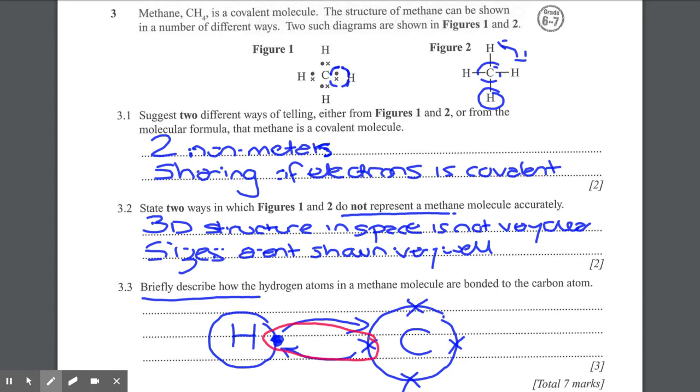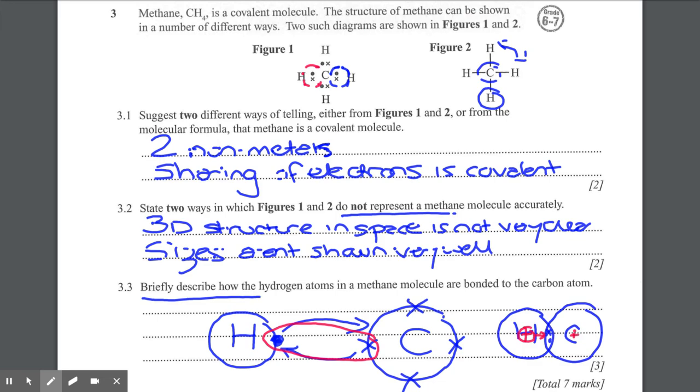And those electrons then come into a common space between the two atoms, and via an electrostatic attraction, not ionic bonding, but an electrostatic attraction between the hydrogen nucleus, which is in the middle of its hydrogen atom, the hydrogen nucleus attracts to those pair of electrons.